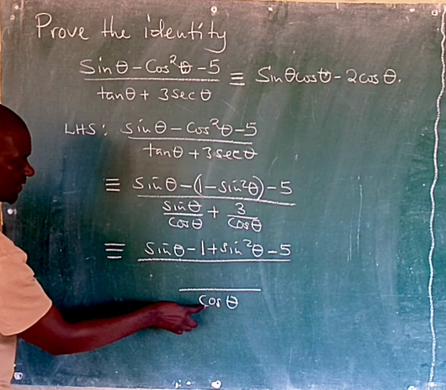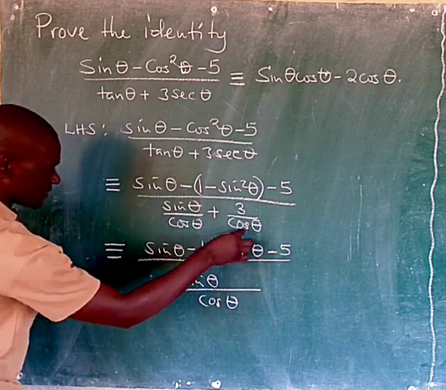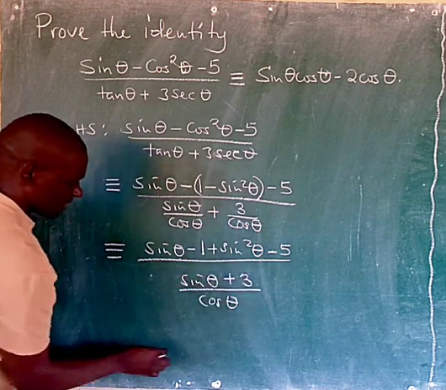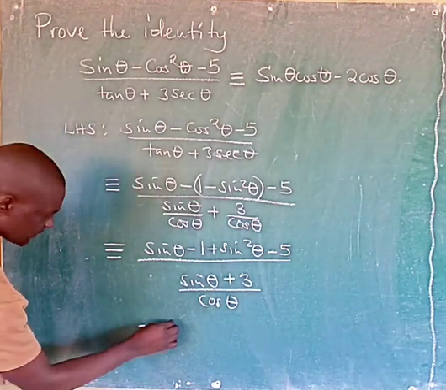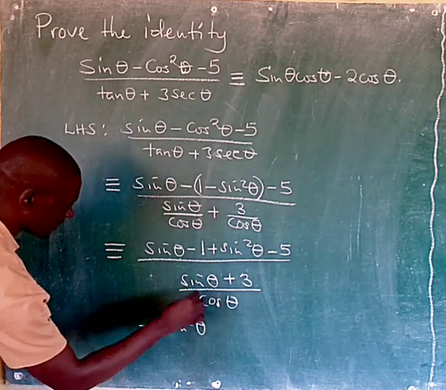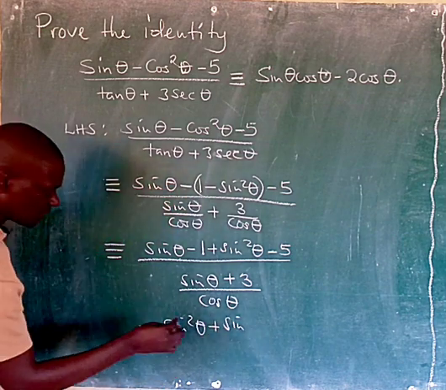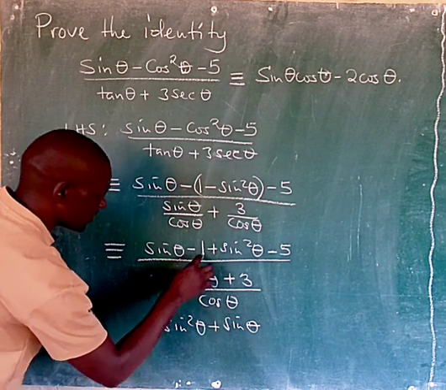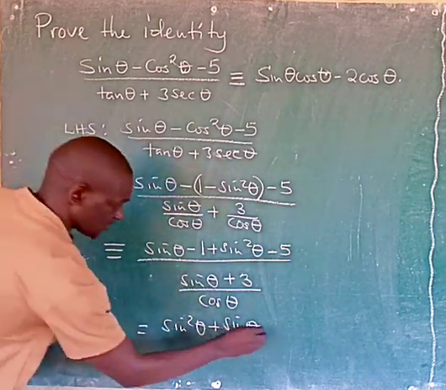If we divide, that is 1 times sine theta, and then cos theta there is 1, and we have 3. So from here, we have sine squared theta plus sine theta, arranging it according to the degrees, and then negative 1 and negative 5, which will give us negative 6.